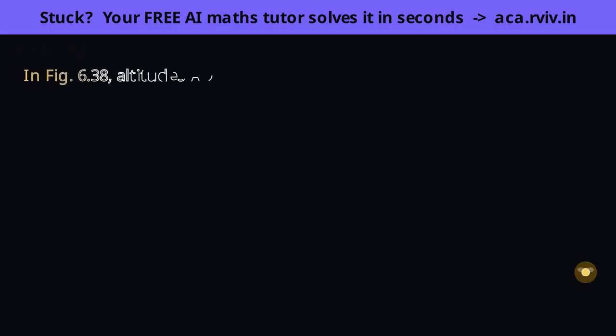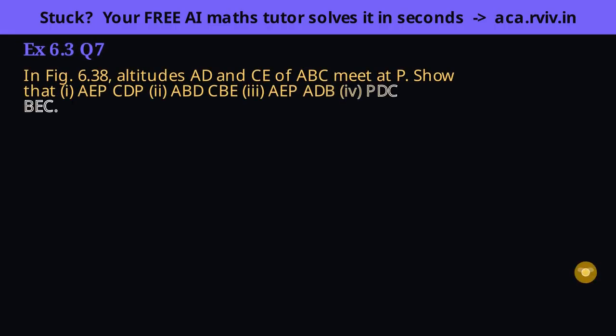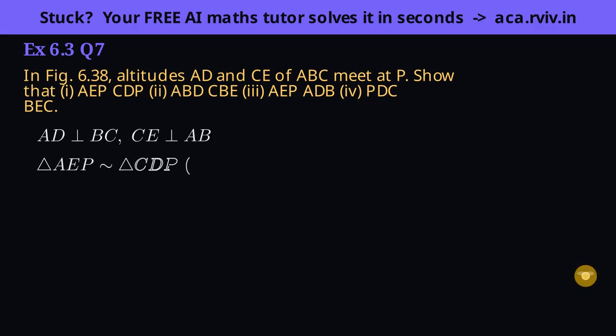Right angles from the altitudes plus shared angles give AA every time. Setup: both altitudes create right angles, so every pair below will pair a right angle with a shared or vertical angle for AA. Right angles at E and D are equal, and angles APD and CPD are vertically opposite.